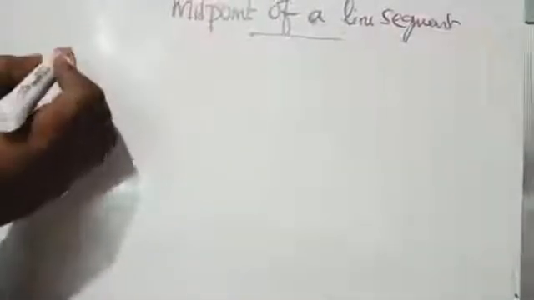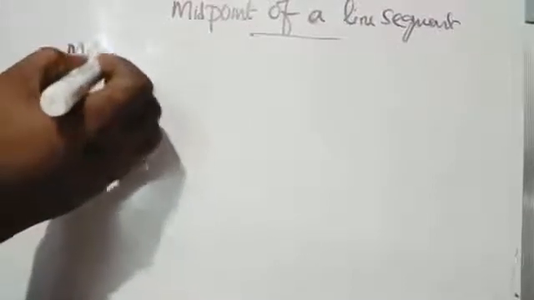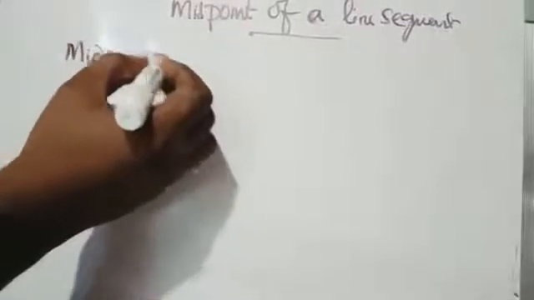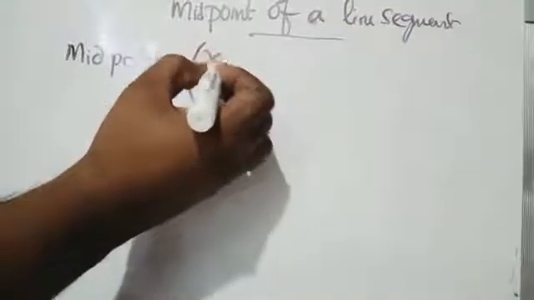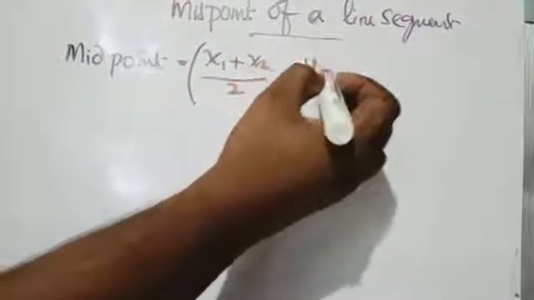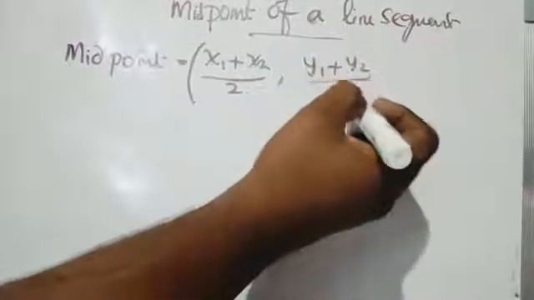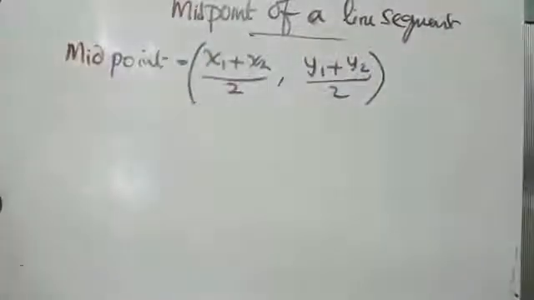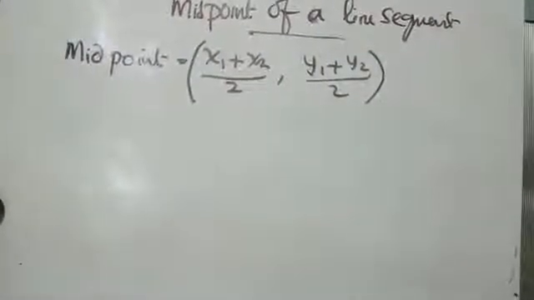Okay, without using any ruler or a pencil, we can find the midpoint. So for that we have the formula. Midpoint of a line segment is x1 plus x2 by 2, y1 plus y2 by 2.